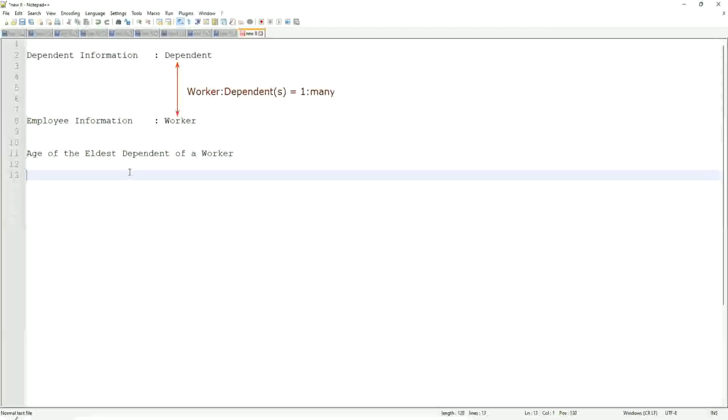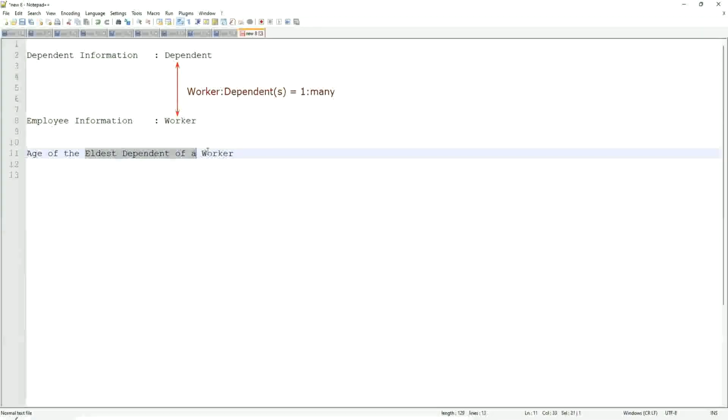Isn't it? First, we have to find out who is the eldest dependent. Then we find out what is the age of that eldest dependent. We break it down into smaller pieces.